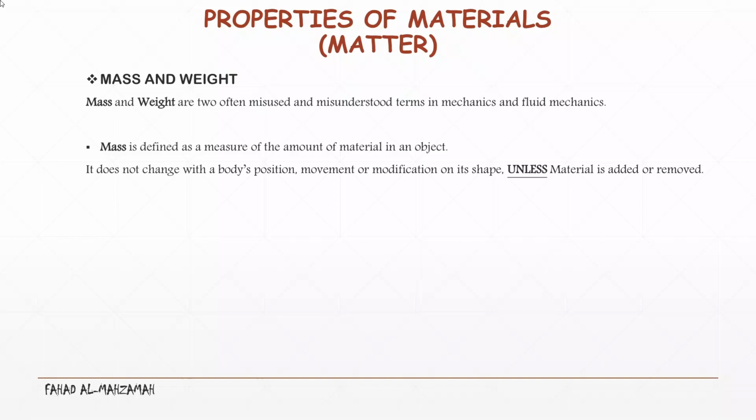Well, mass is defined as a measure of the amount of material in an object. Anywhere, it will be the same. It doesn't change with the body's position. If you move it from one place to another, the mass is still the same.